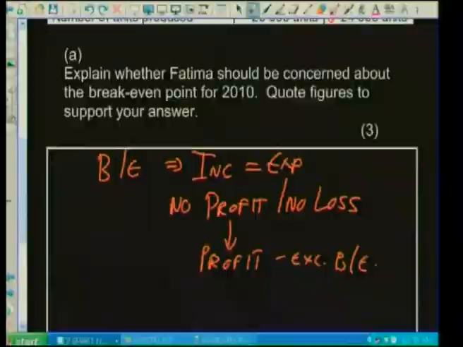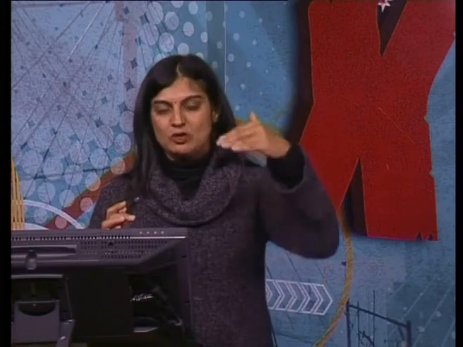If the business, however, is manufacturing at a point that is lower than that break-even point, so if our break-even was calculated at 20,000, and we are manufacturing 19,999 units, it's one below the point of break-even, we are making a loss. You guys understand that. It's a simple concept.